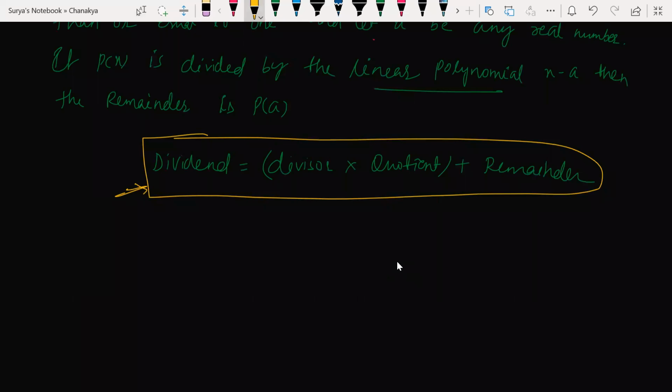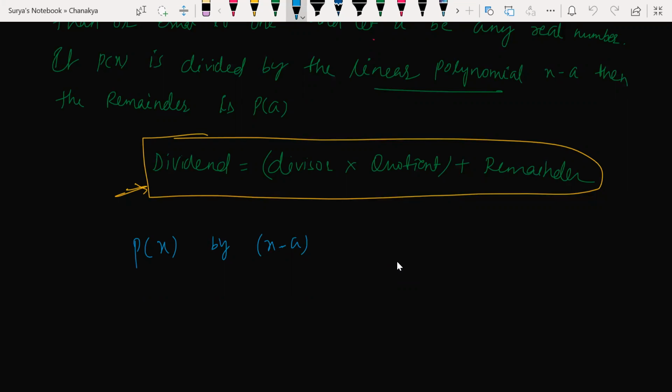P of x is any polynomial. If you divide this polynomial by a factor, let's say x minus a, then you will find a smaller polynomial along with the remainder.